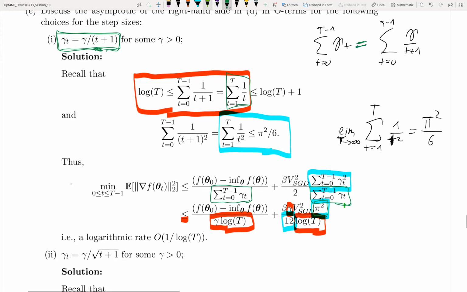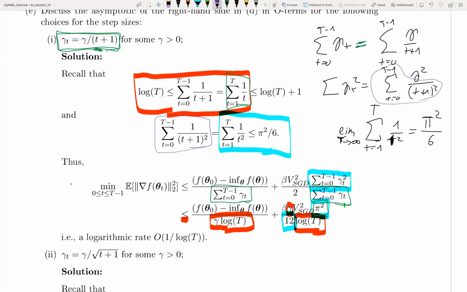And gamma t squared would be gamma squared over t plus 1 squared. So essentially this term here, only with the gamma squared. And the gamma squared is appearing here. And also because it's in the denominator appearing as a gamma itself, you only get the gamma here.